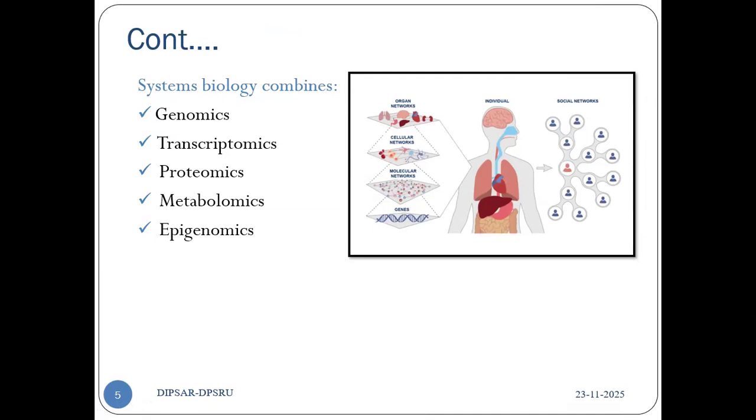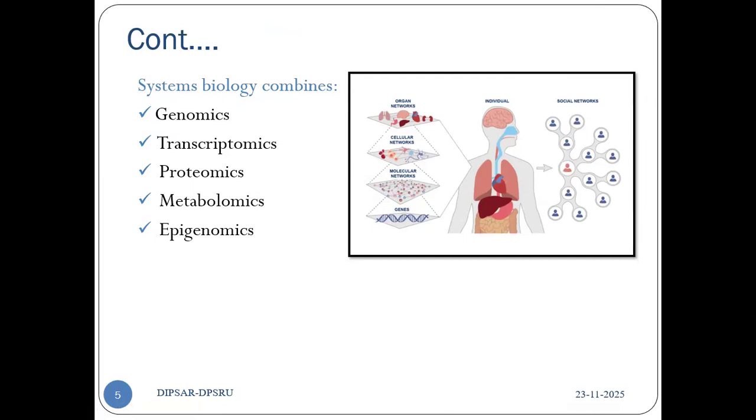DNA goes through the process of transcription and results in RNA, and when we study at the RNA level, we call it transcriptomics. RNA goes through translation, producing protein, and when we study at the protein level, we call it proteomics. After that, metabolites are formed, and when we do the study at the metabolite level, we call it metabolomics.